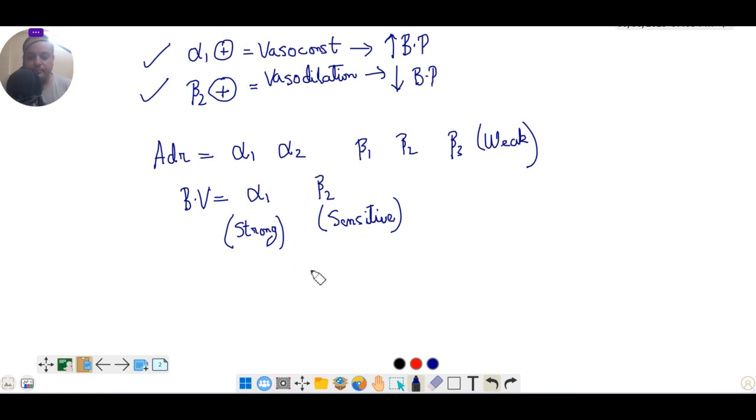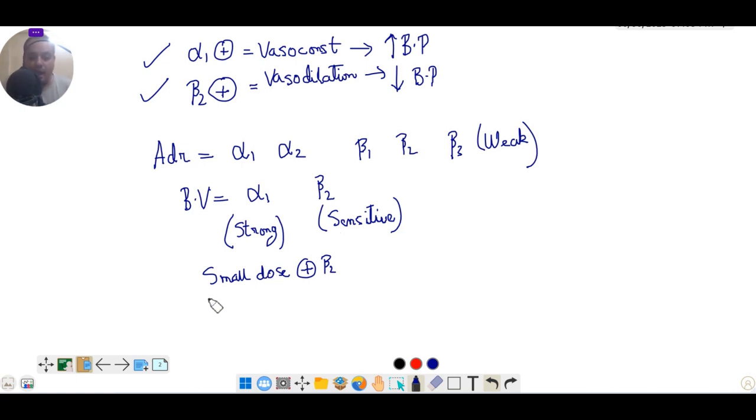That means that even if a small dose of adrenaline is there, it is going to stimulate the beta 2 receptors, since the beta 2 receptors are sensitive to adrenaline.